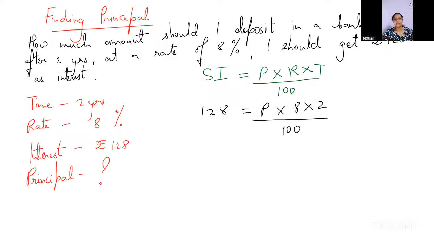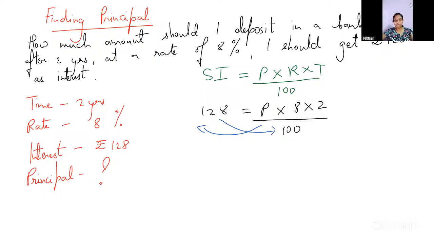When we have to find the value of a variable, or a missing value, we take it to the other side and take the numbers together. So this P I will take here and this 128 I will take this side.